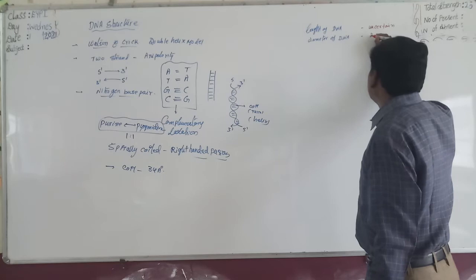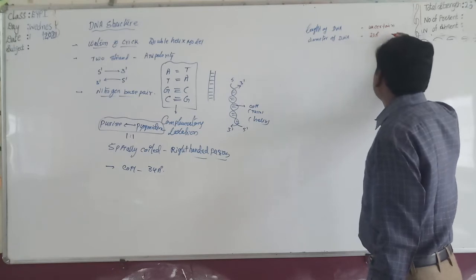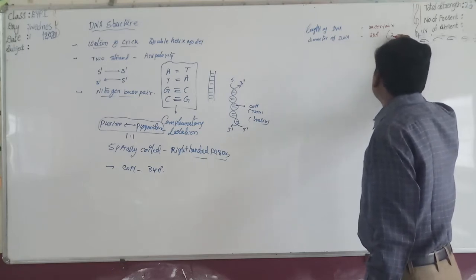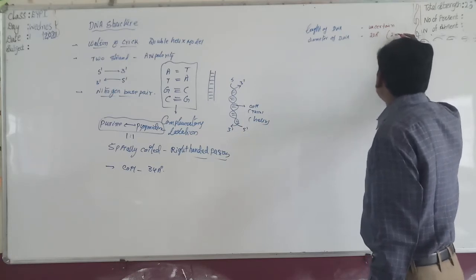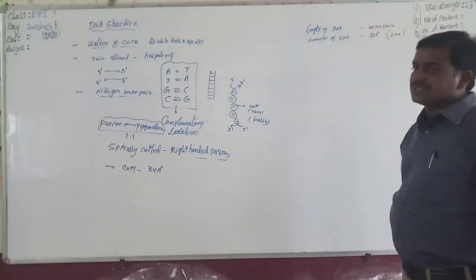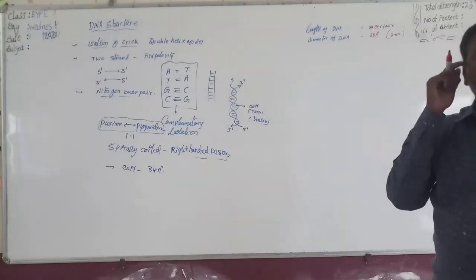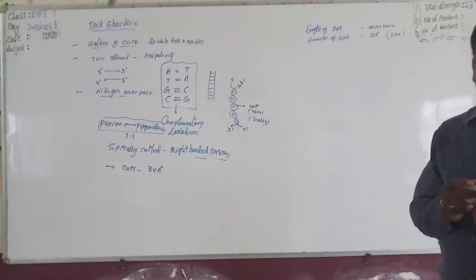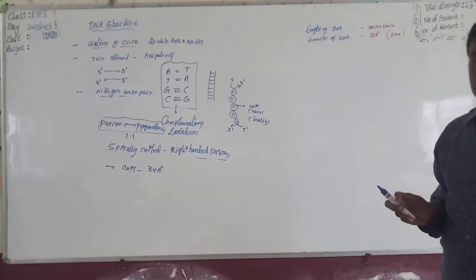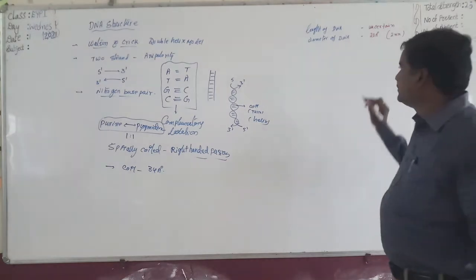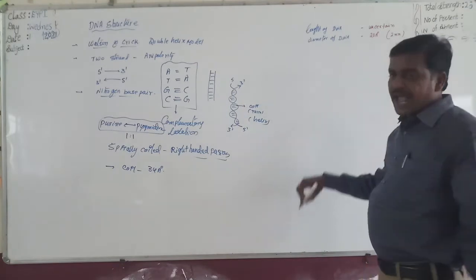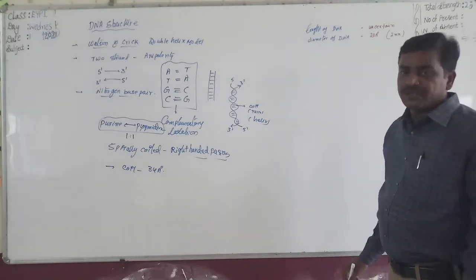This is 20 angstroms, that is 2 nanometers. Length is uncertain, based on the number of nucleotides, but diameter of DNA is standard: 20 angstroms, means 2 nanometers.